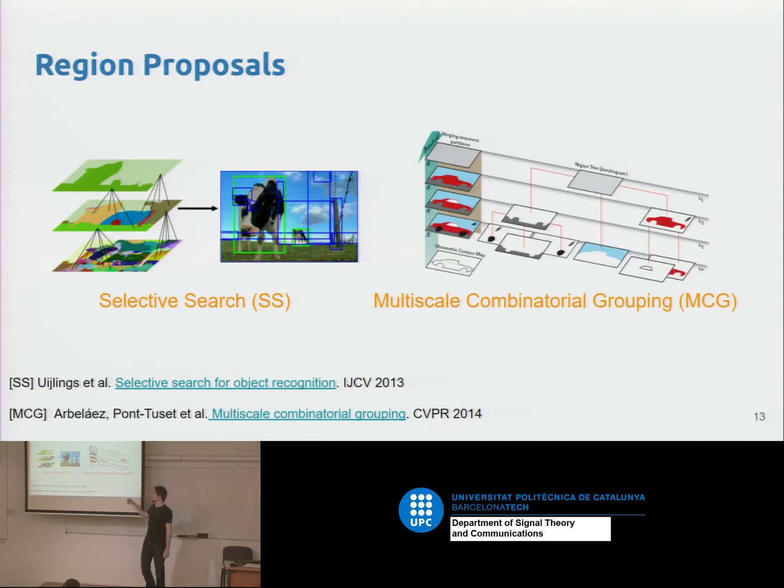In this case, for instance, if we want to get the cow or the post or everything like that, we just have to group superpixels, which are unions of pixels, and we keep grouping them in a hierarchical manner, and then we start taking some regions of interest, like this cow here, maybe some region here, and this cow here is another region. So basically, you take the regions of interest, then take the bounding box around them and use it as a proposal.